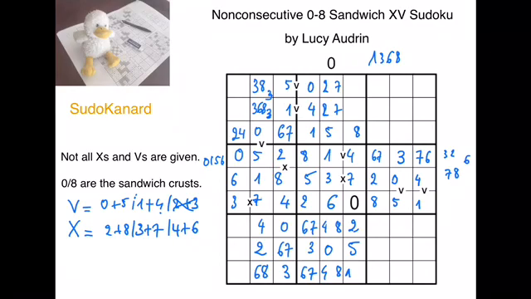This 4 makes this an 8, this a 4, that's a 6, that's a 7. Here we have a 3 and 6. So 2 scenarios again. In this order.